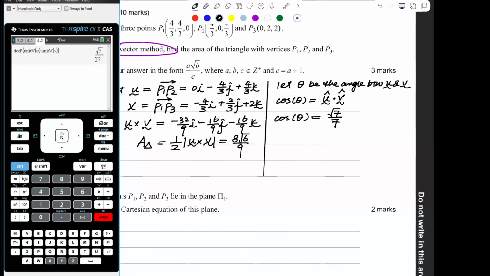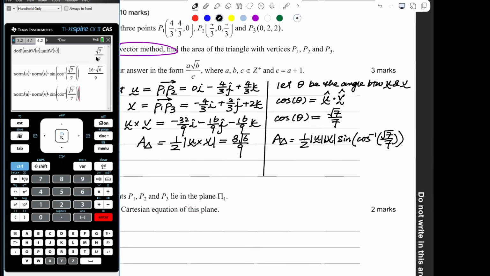Then the area of the triangle is half the magnitude of U times the magnitude of V times sine of arccos of root 7 over 7. Not sure if it's completely a vector method, but I computed the cosine of the angle using a vector method. Then you just divide by 2. So that's 8 root 6 over 9, okay?